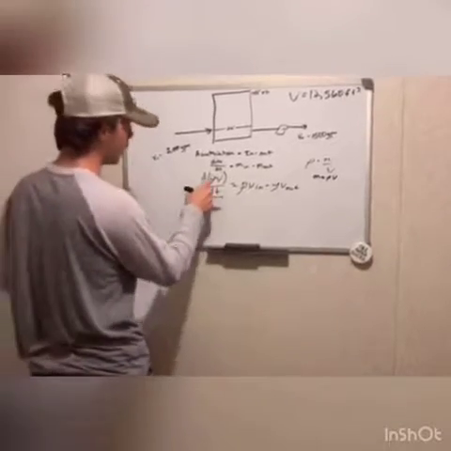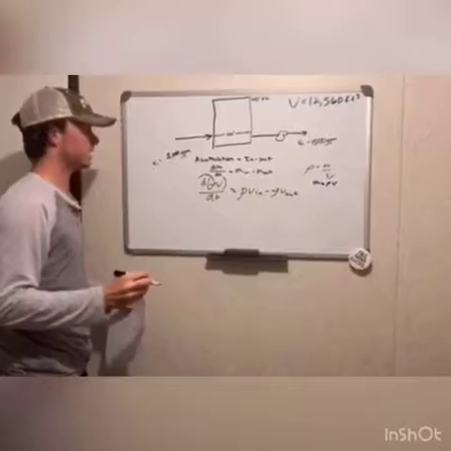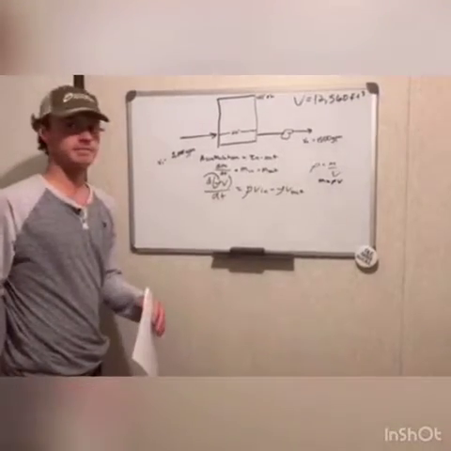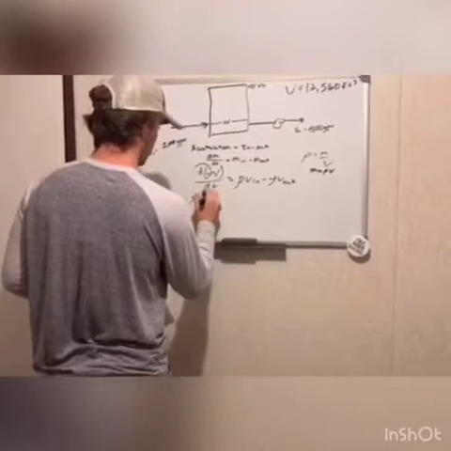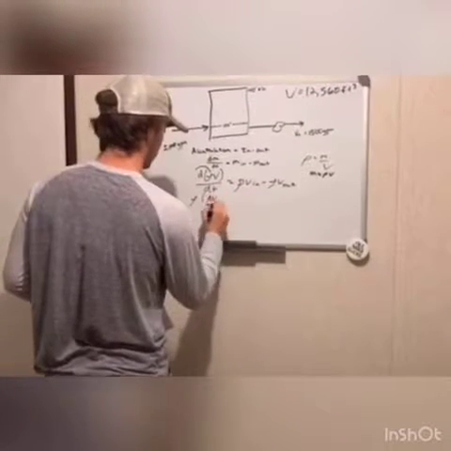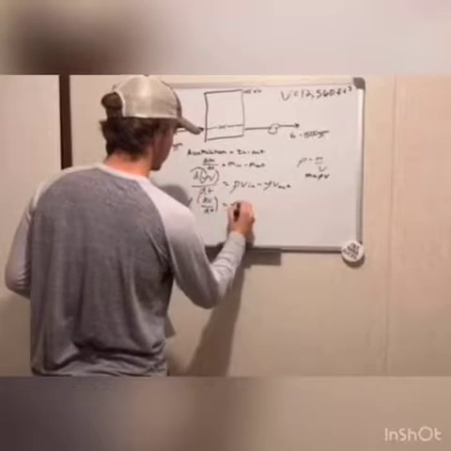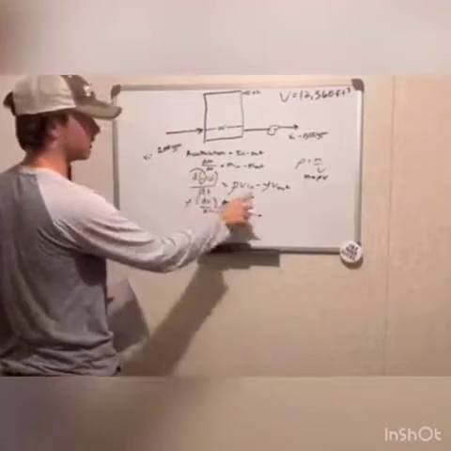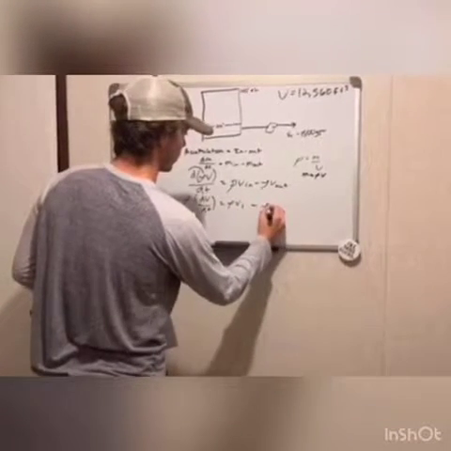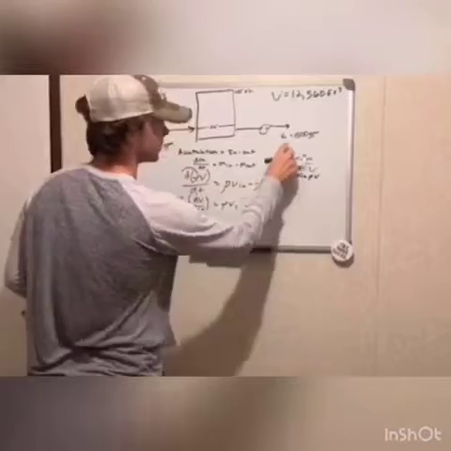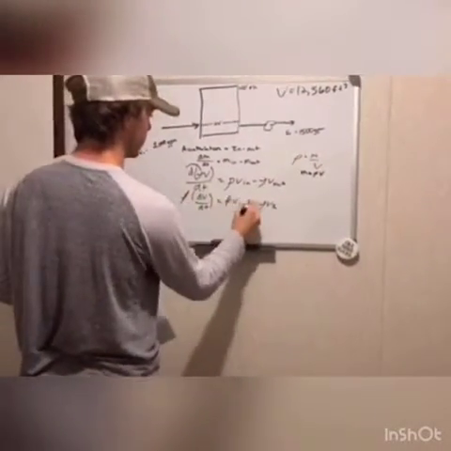Next, your rho would come out because the liquid is assumed to be incompressible. So rho dV/dt equals rho V1 minus rho V2, so rho would cancel.